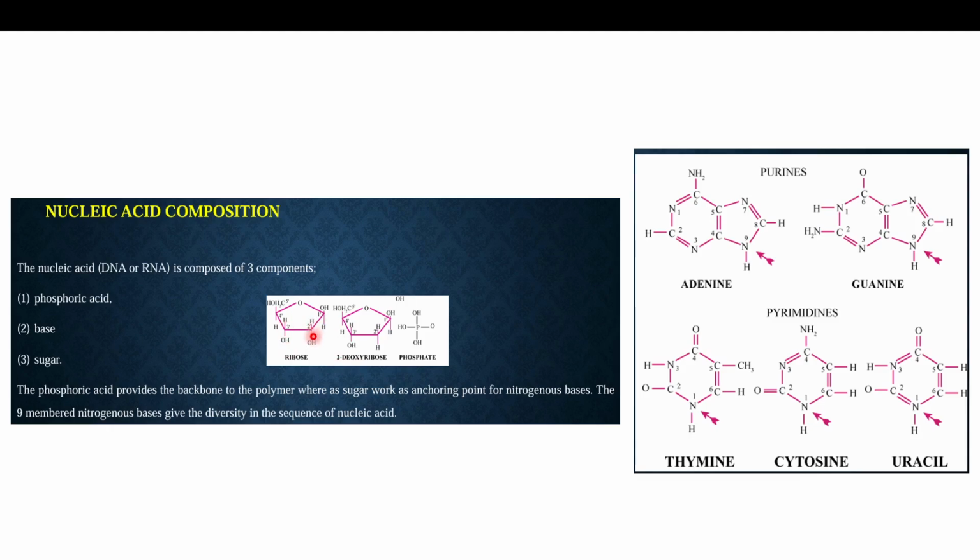If the 2' carbon is attached to an OH group, then it is ribose. If the O is missing and it is simply H, then it is 2' deoxyribose sugar.